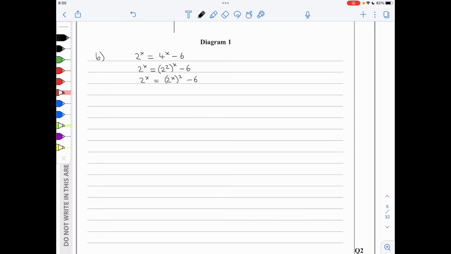This is a disguised quadratic in 2 to the x. So 0 is 2 to the x squared minus 2 to the x minus 6. I can factor this as 2 to the x minus 3 and 2 to the x plus 2. You can expand to confirm that we indeed recover this.